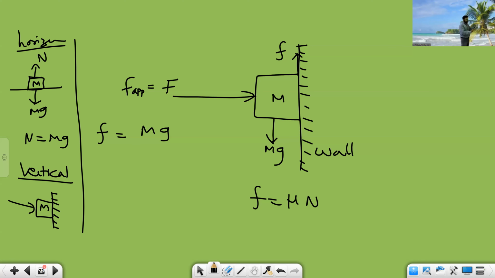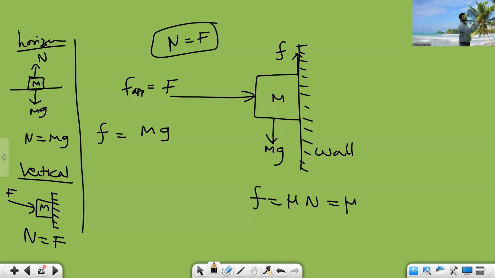Now the applied force here is F. This force is acting normal to the body. When a force is acting normal to the body, what should I write here? N is equal to F. So here, mu into normal reaction is simply mu into F.